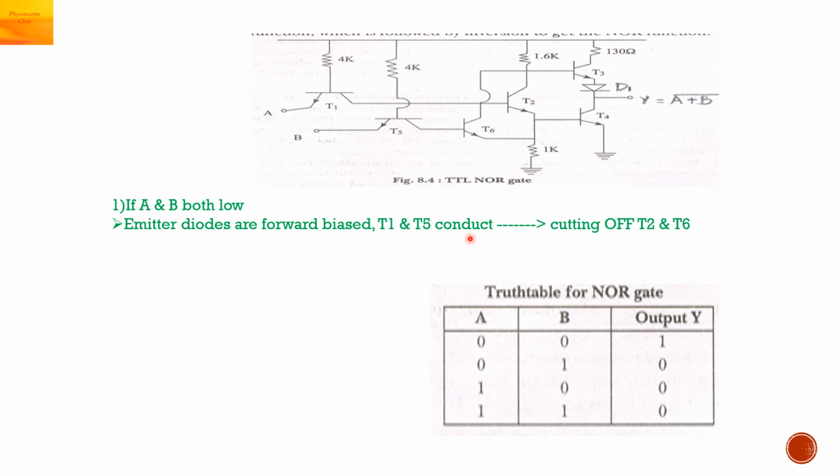When they conduct, their collector voltages will be low and that's why it will cut off the T2 and T6 transistors. Now as T2 is off, T4 will also be off, and as T4 is off, its collector voltage will be high and therefore the output Y is high.